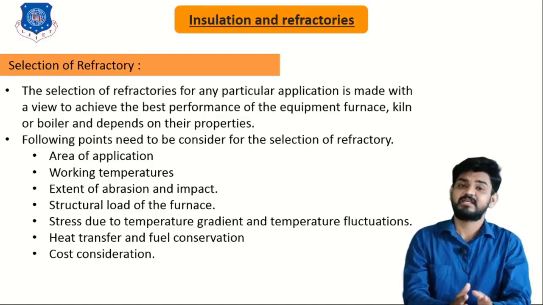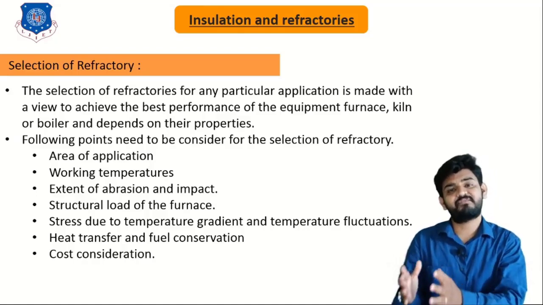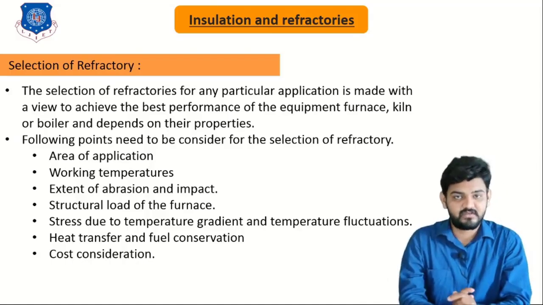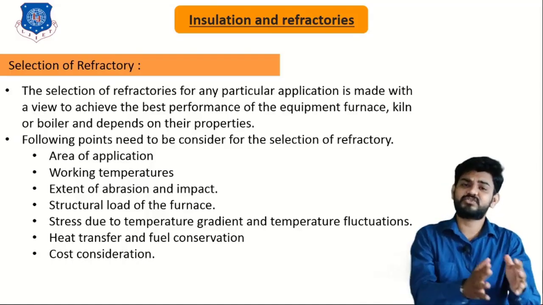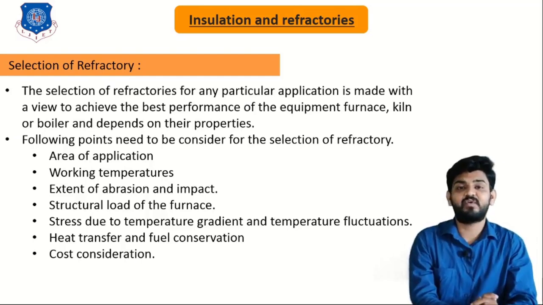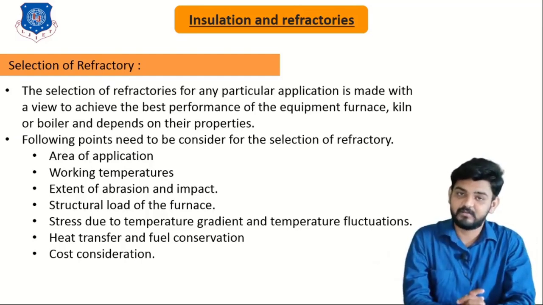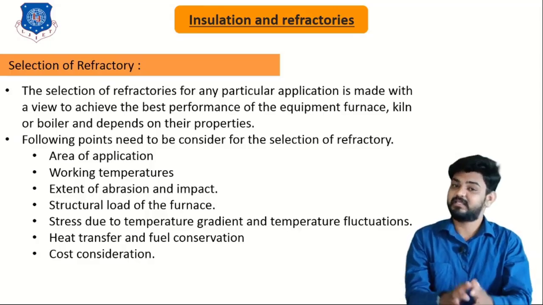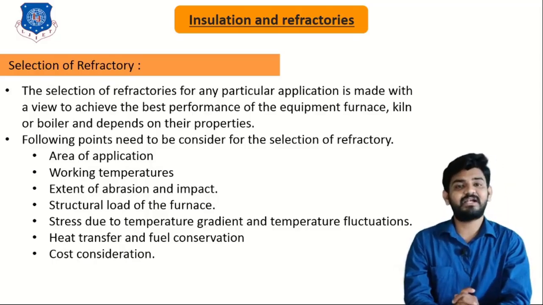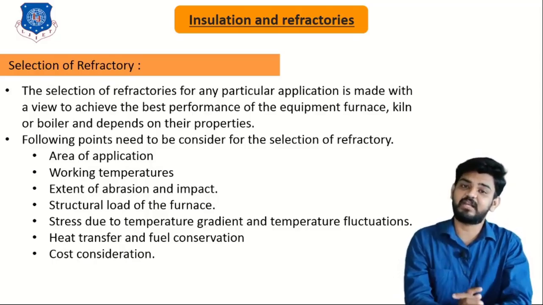For the furnace, silica based refractories, which are porous in nature, are relatively used, while for the case of a boiler, on the external surface we provide insulation with glass wool material. So ultimately the application or the end use of this refractory will decide what kind of refractory we are going to use.